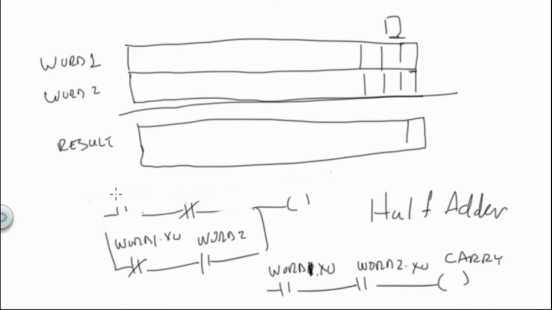We can go through this, and we can now say what? Now we can build a full adder, because the full adder is what? You have a carry from the previous bit.